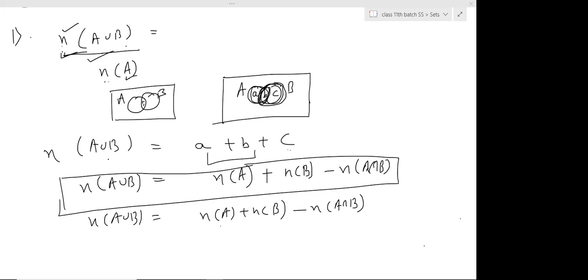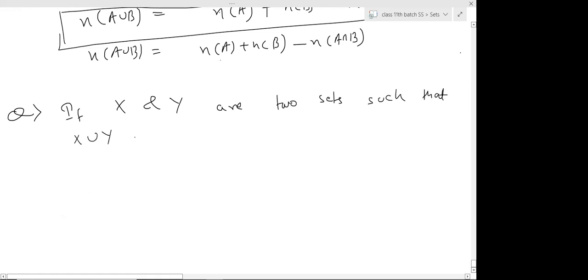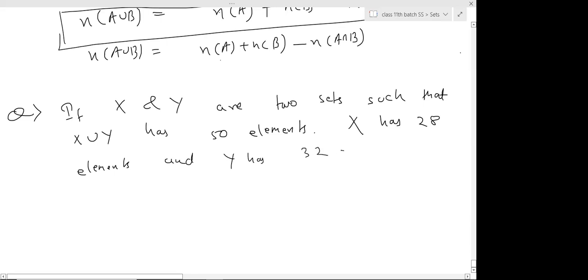All right, let's try to solve one question. If x and y are two sets such that x union y has 50 elements, x has 28 elements, and y has 32 elements.